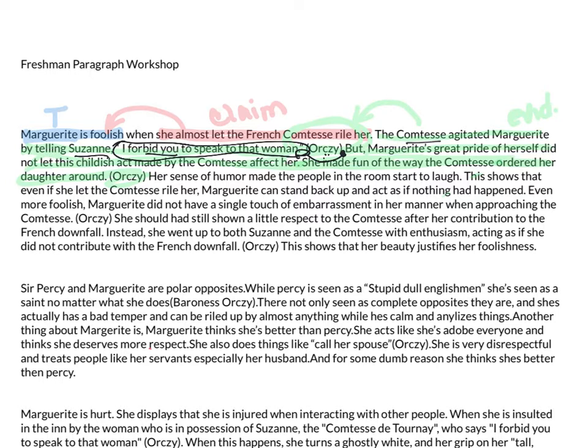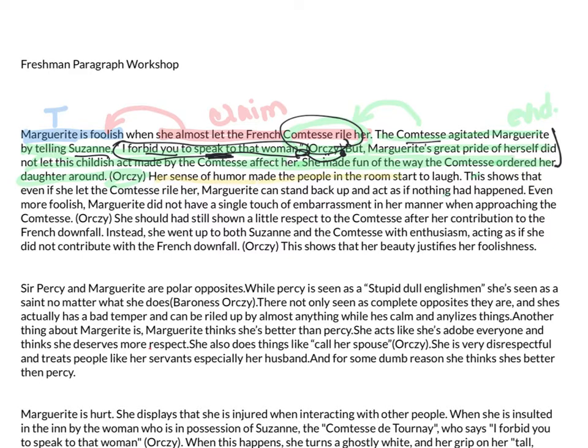But what I really need to focus on is this idea of her almost getting riled, and hopefully the idea that being a little foolish to let somebody rile her. So the quote should not focus on what the Comtesse does. The quote should focus on Marguerite's foolishness in getting upset. So evidence is a little problematic, but let's take a look at the next bit.